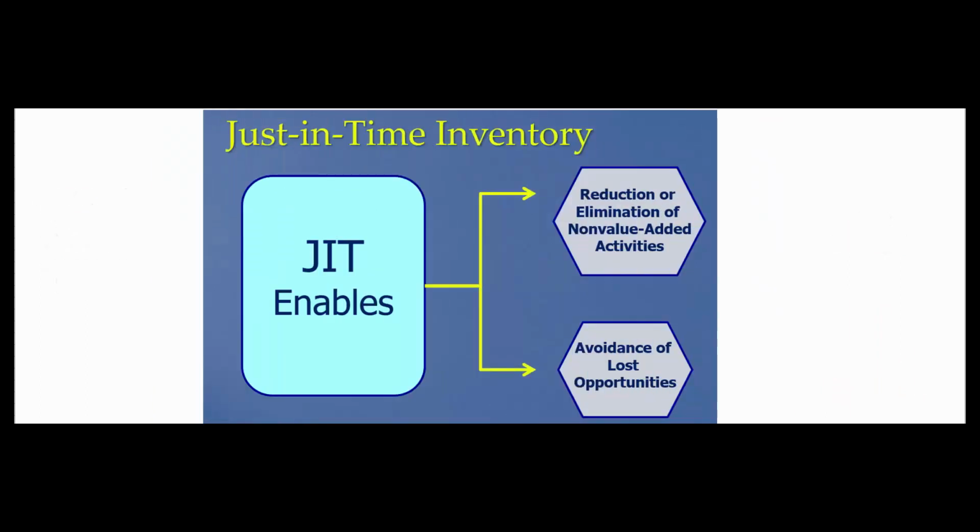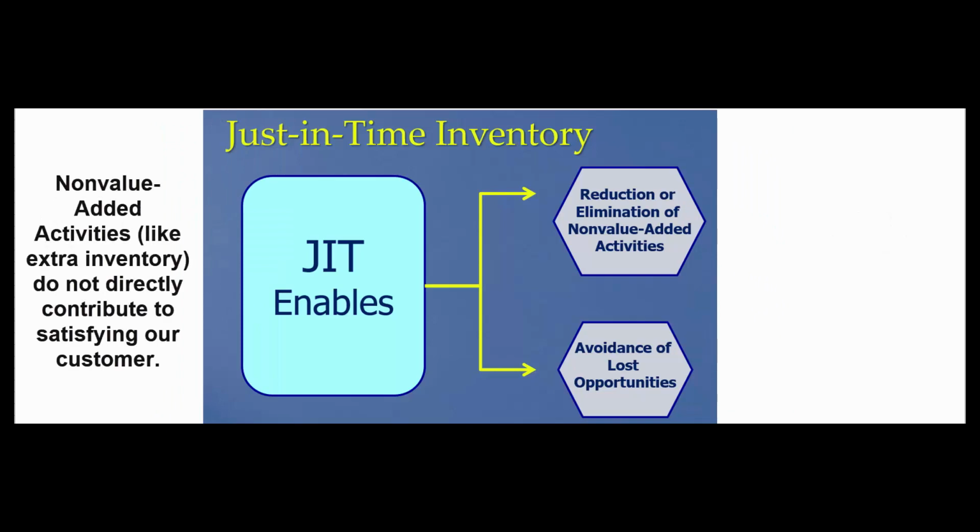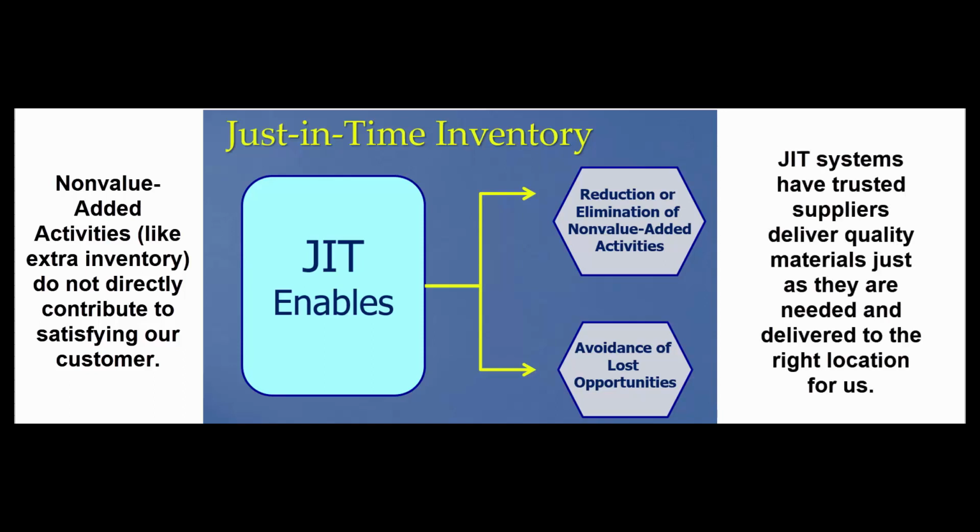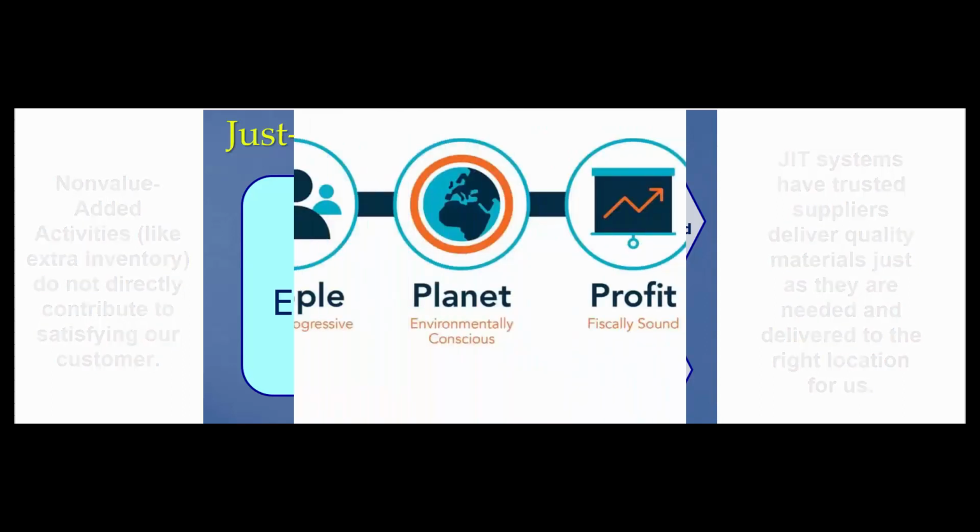So having extra inventory, surplus inventory, is an example of a non-value added activity. It doesn't add any value from the customer's point of view, and it costs us time and money. So we might institute a just-in-time inventory system where the inventory that we need is delivered just as we need it and to the place where we need it delivered to put it immediately into production.